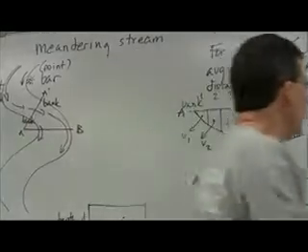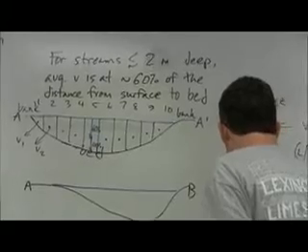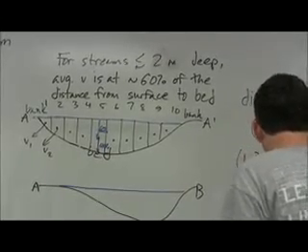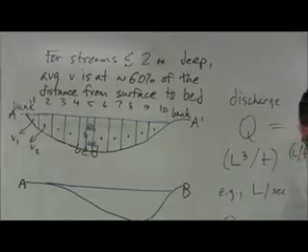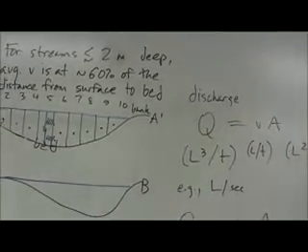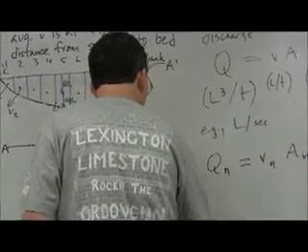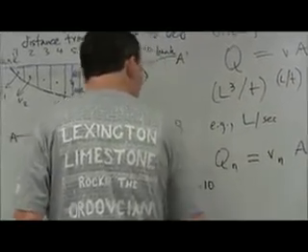So the way I divide this out then is I say Qn equals Vn An, where in this case n equals 1 to 10.